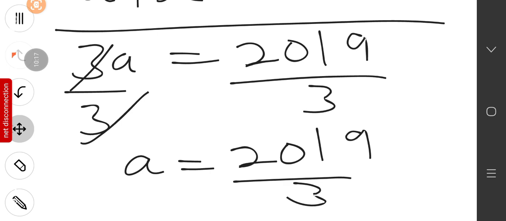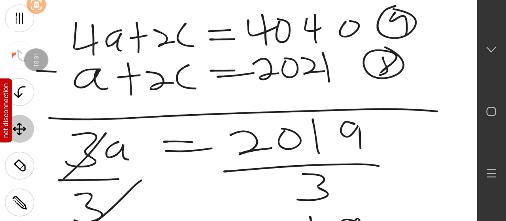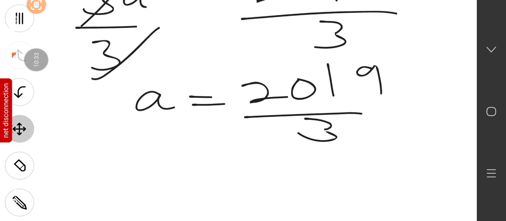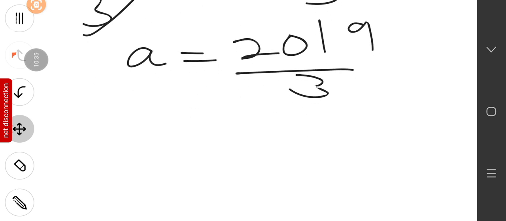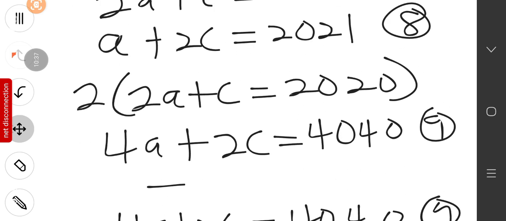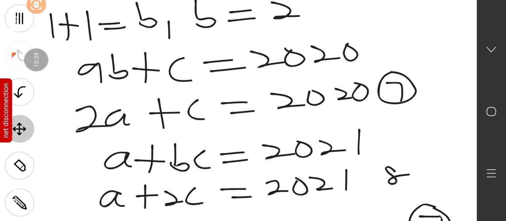Now we know the value for A and the value for B in case 2. Now let's find the value for C. All right, so we can put A and B into any of the equations, either equation 1 or 2, or the equations we derived in case 2. So let's check the equations in case 2.